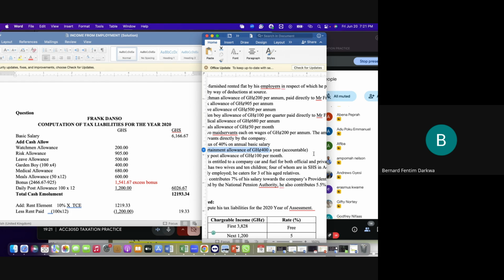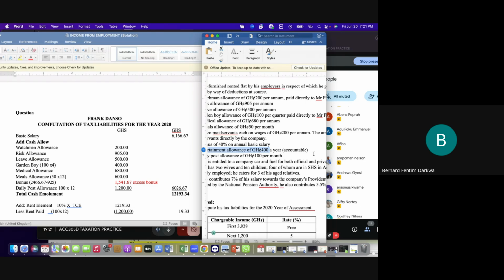It is the amount they give you as entertainment so that you can use it to buy water or drinks for your visitors. That's what we call entertainment allowance. So if it is accountable, it means that the money is not for the employee directly, but he is using it for the benefit of the office, and therefore you don't use it in the accounts.